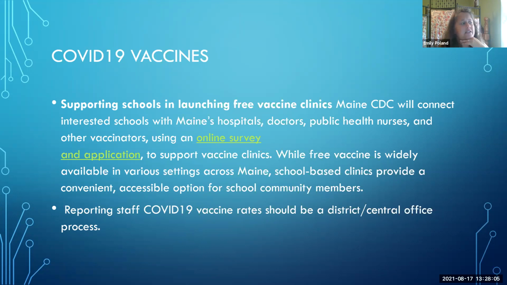I would just ask that you take the time to fill out that survey. And if you feel like you really need to be connected with a partner for a vaccine clinic in your area and you don't know who that would be, put that in the box in the survey, and we'll get you connected with somebody.